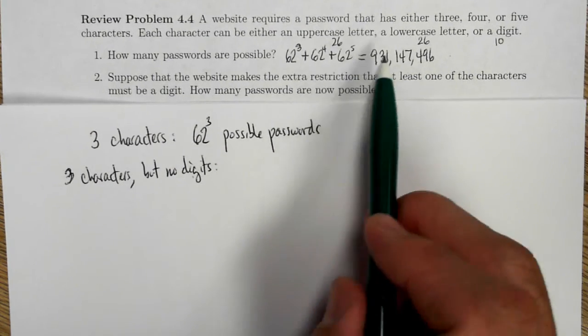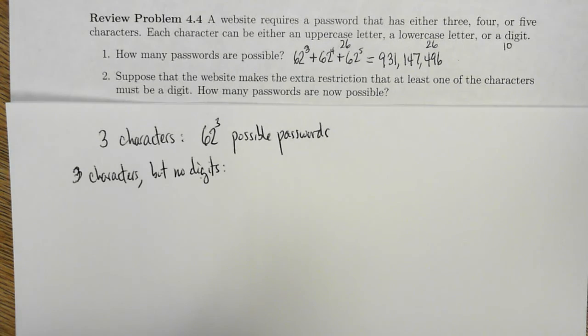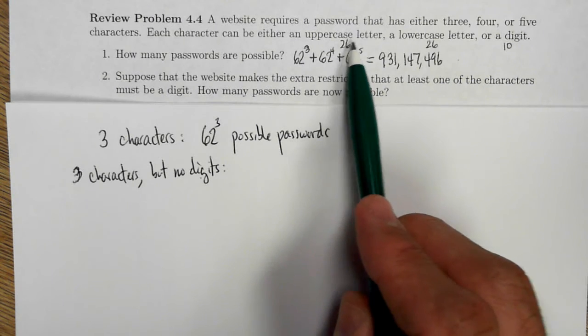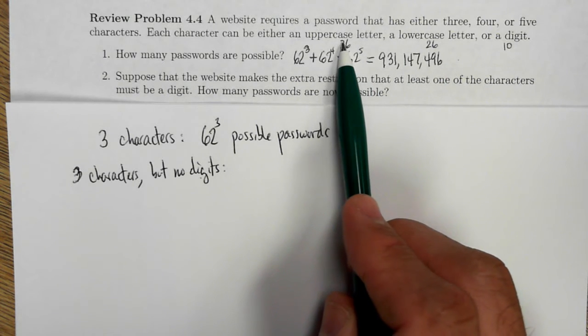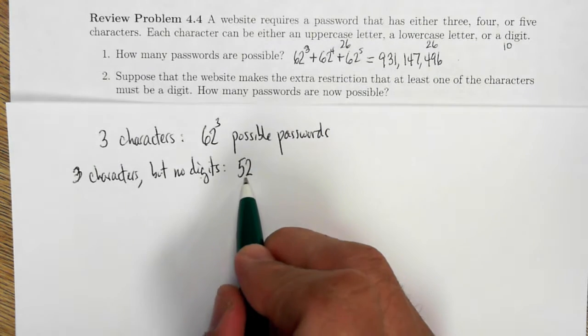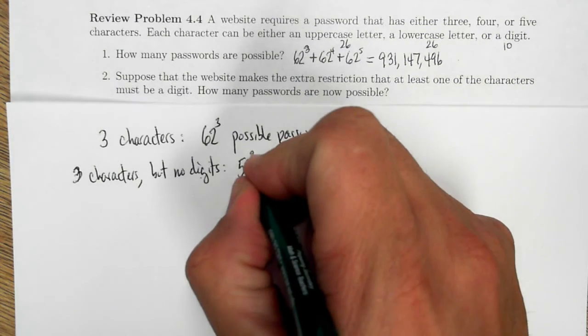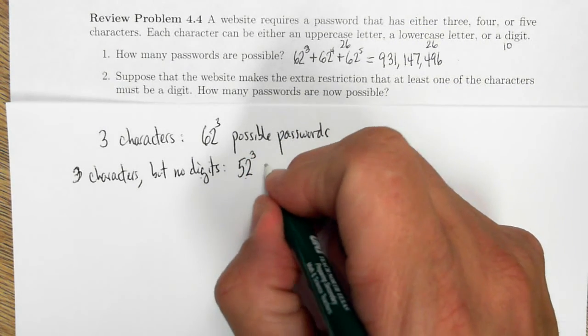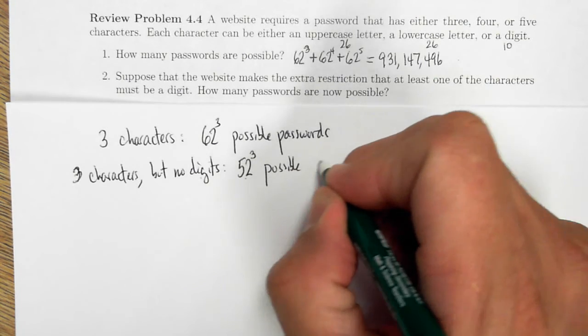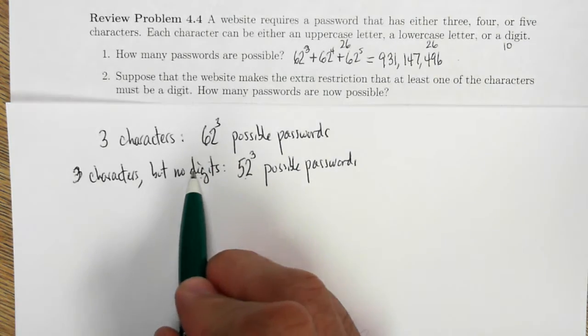If none of them are digits, then that means that each one is either an uppercase letter or a lowercase letter. So there's 52 possible choices for each character. So there's 52 possibilities for the first character, 52 possibilities for the second character, 52 possibilities for the third character, which means 52 to the third possible passwords that have no digits.